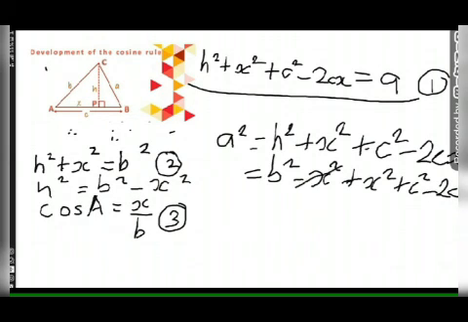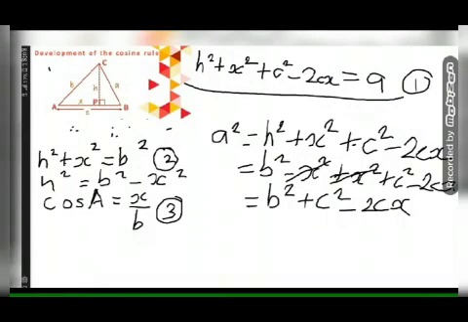When we do this, the two x squared values cancel each other because there's a negative and a positive. And this brings us to a squared is equal to b squared plus c squared minus 2cx.